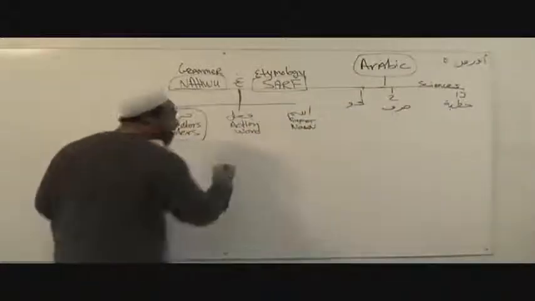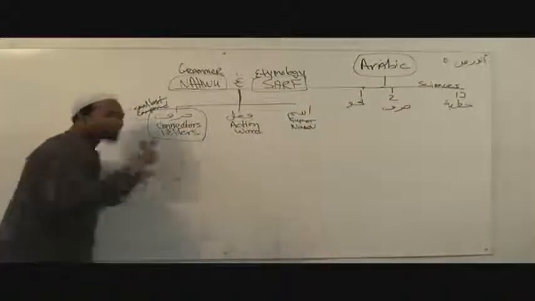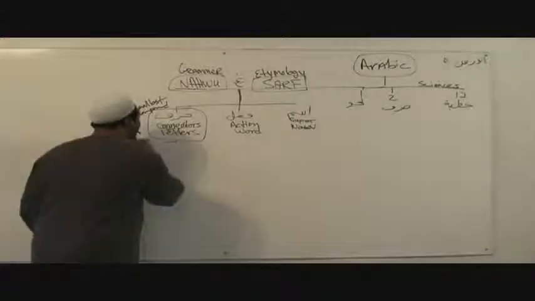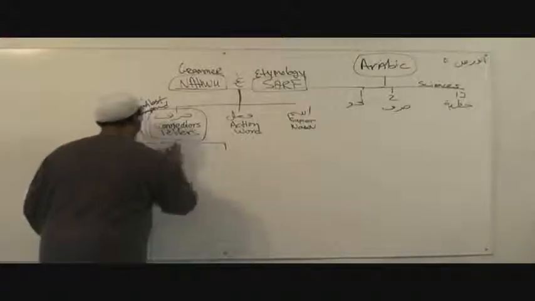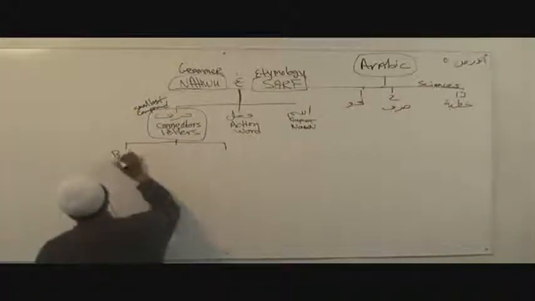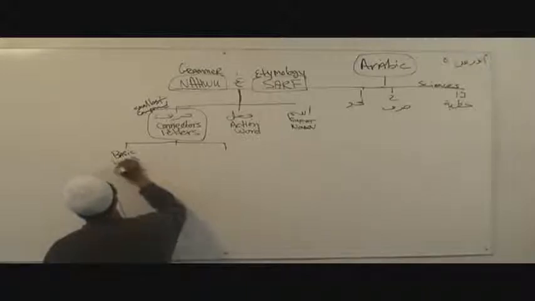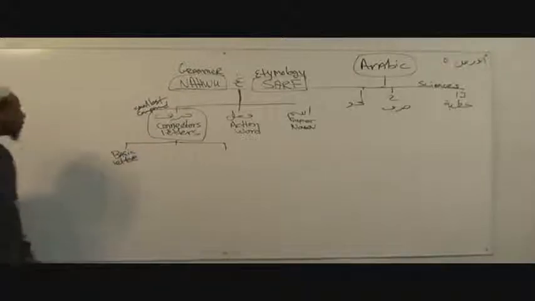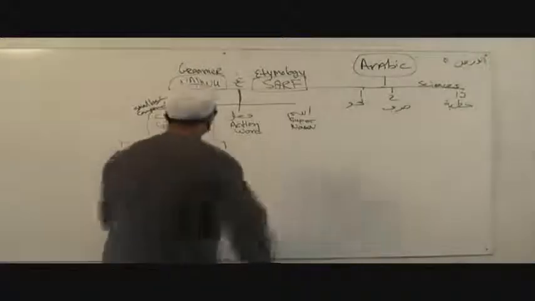So now, the connectors, or the letters connectors, are broken into three parts. What are the three parts? The first part is the basic letter. What's the next part?